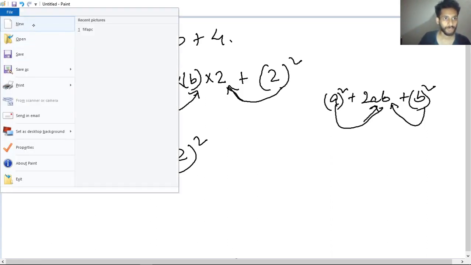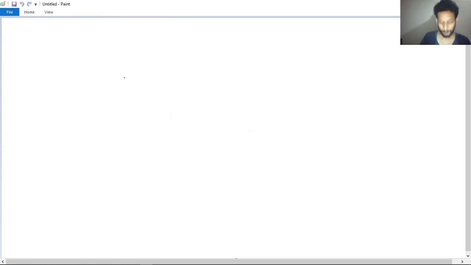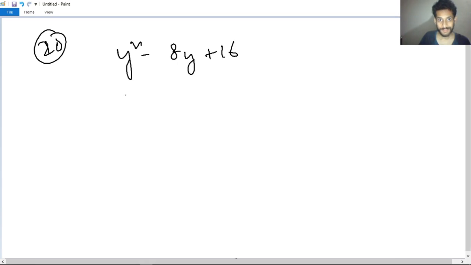So the next one, question number 20. 20 is y square minus 8y plus 16. So if I write this, y square minus twice into, sorry, don't write this one, I made a mistake here.